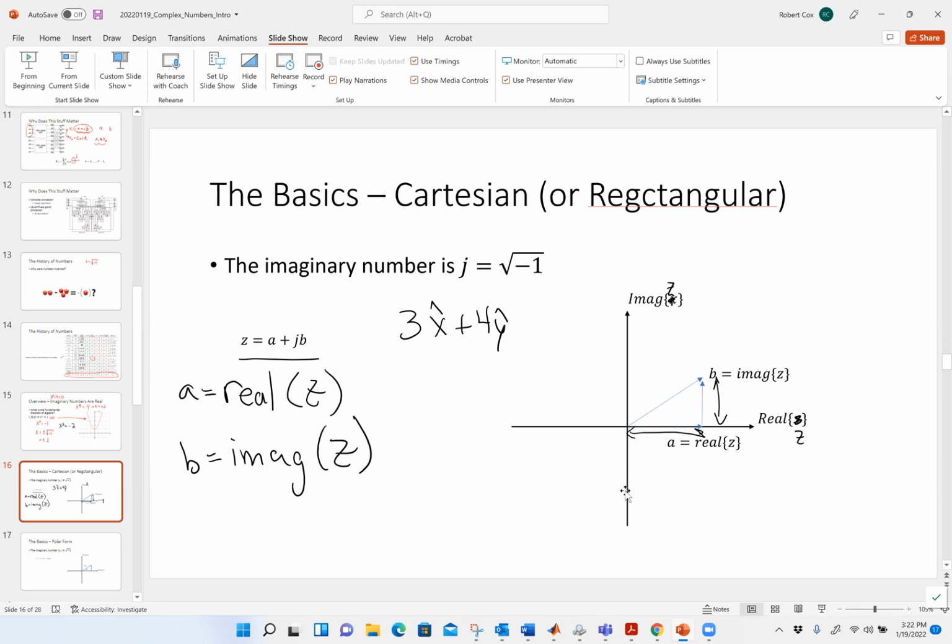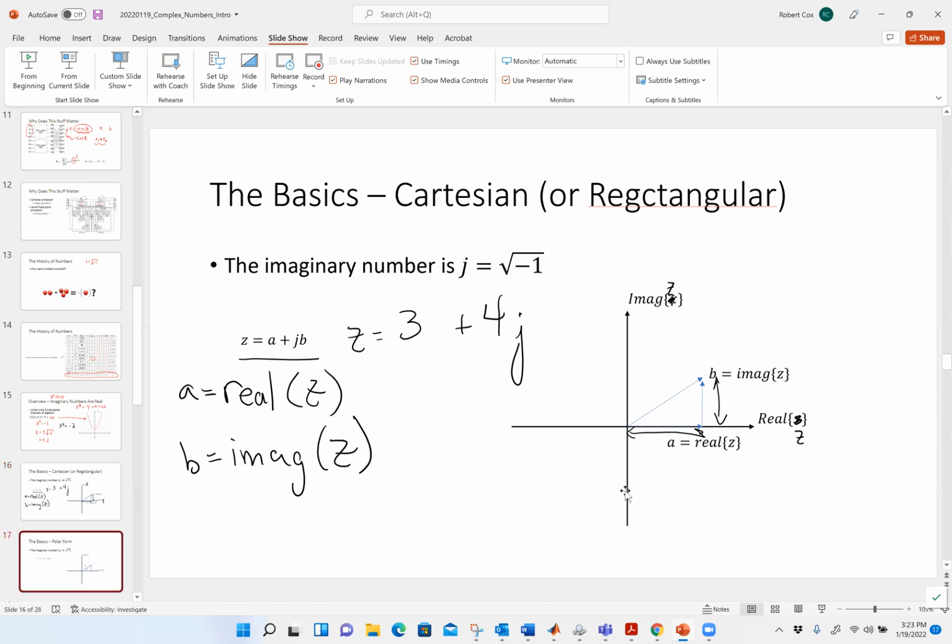Yeah, it would have an x length of 3 and a y length of 4, in the first quadrant. Basically, if I told you I had a complex number that was 3 plus 4j, that would look the same. He would go up 4 and to the right by 3. Its real part is 3 and its imaginary part is 4.